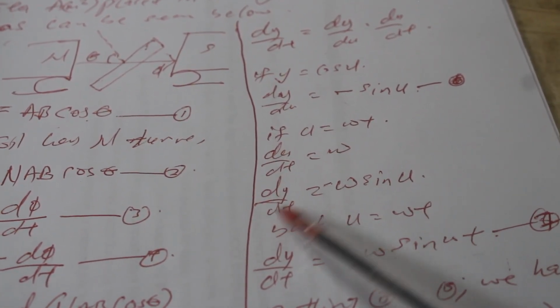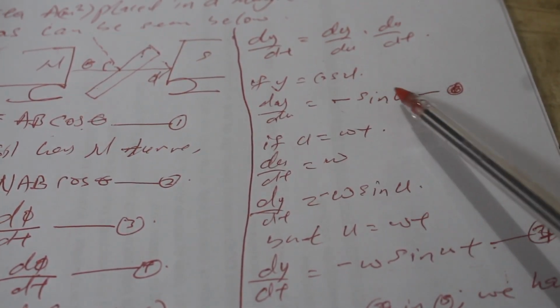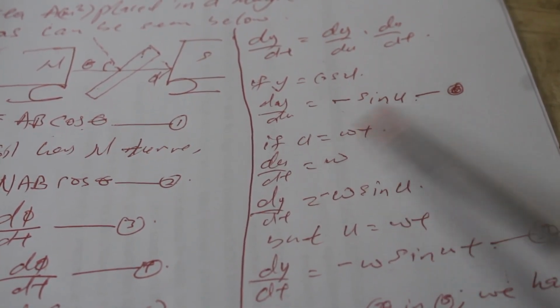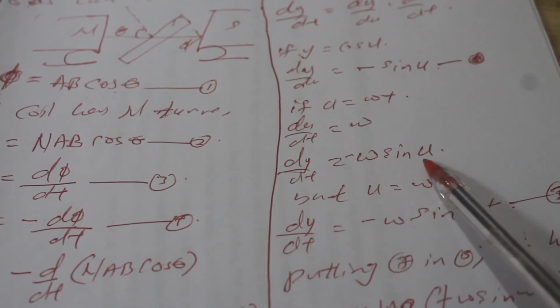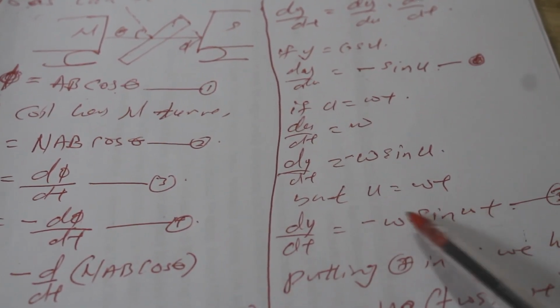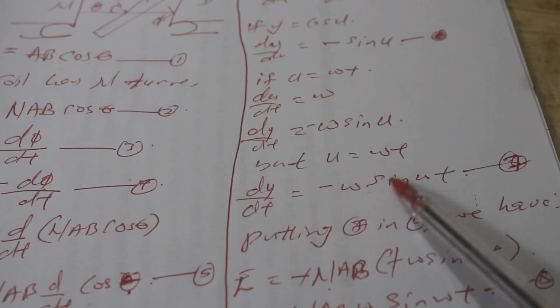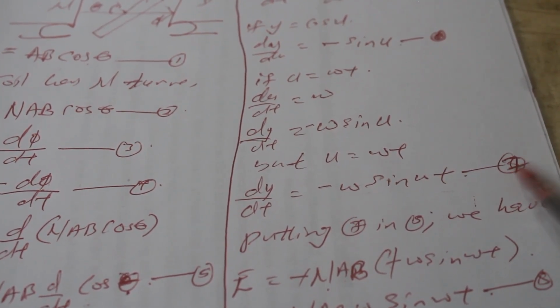So dy/dt is going to become, when you multiply du/dt and dy/du, minus omega sine u. But remember that u is equal to omega t, so we put back omega t inside. That means dy/dt becomes minus omega sine omega t, equation 7.